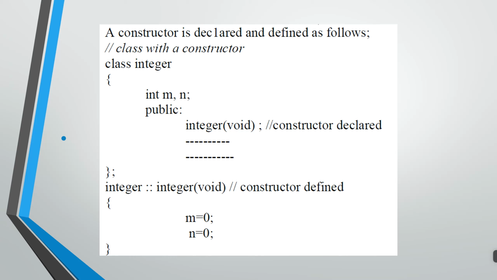See, as we see here, we have created a class called integer. So there is a class called integer with the two attributes m and n of type int. They are under private. So in the public, we have called a function. What is it? Integer. What is it actually? It is a constructor. Why do we call it a constructor?